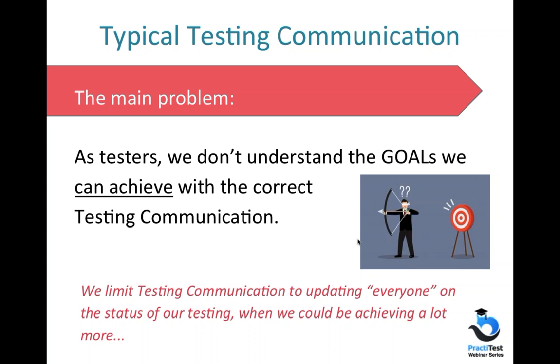If we utilize communication better, we're going to be able to achieve other goals, and not only the goals of finding all the bugs in the product, but also advancing our goals as testers. In a sense, many of us are limiting communications today to simply updating everyone on, hey, this is the status of our testing, instead of achieving a lot of additional goals.